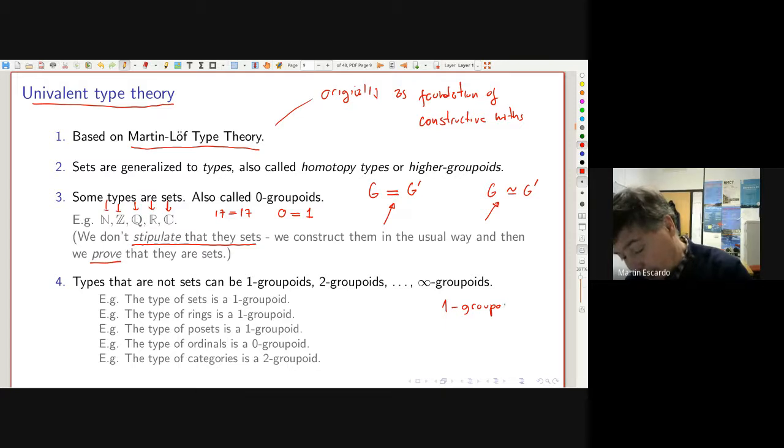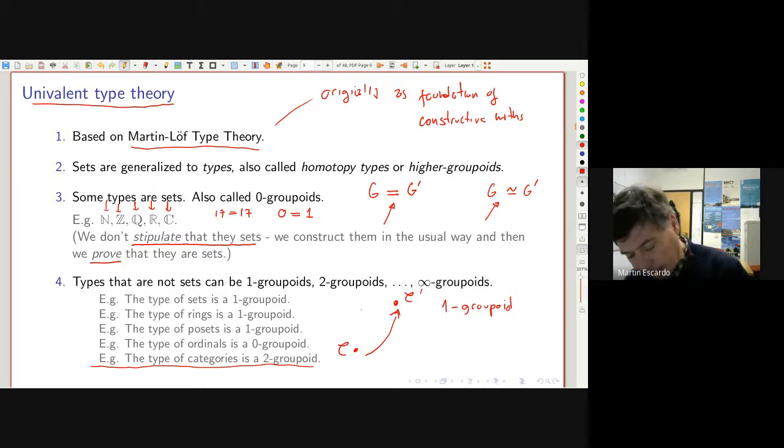I can try to explain this later, but what this really means is that if you draw a picture of the type, here we have two groups and we write arrows for the equalities, so there can be several equalities. But in a more complicated case, like in the case of categories, let's say you have a category here and a category here.